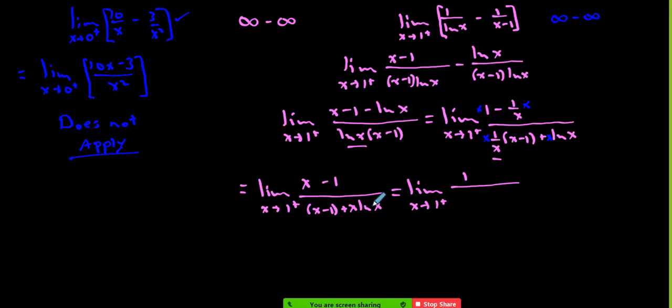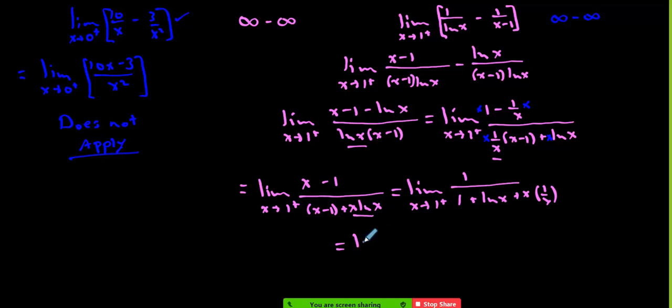The bottom, this first one is 1, this derivative here is 1, plus the derivative of the first is 1 times the second, plus the derivative of the second times the first. I took the derivative of the bottom, and this required the product rule.